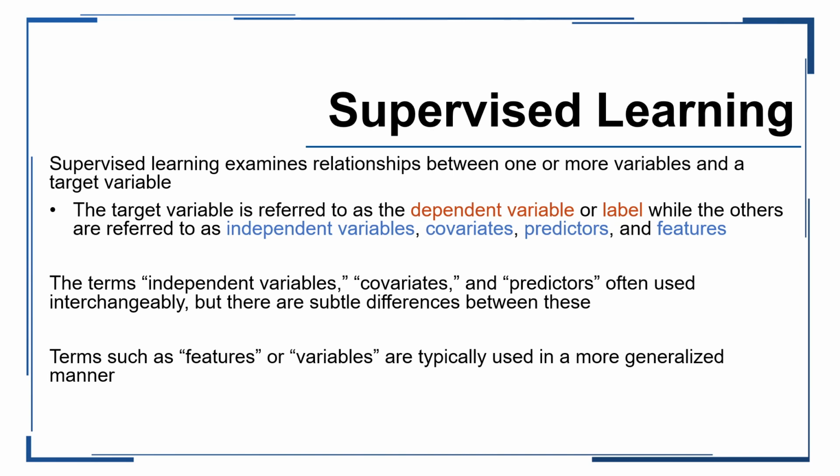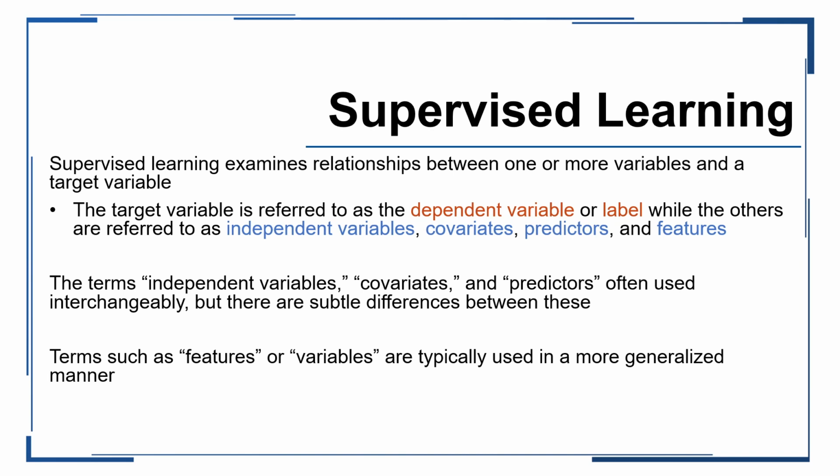In supervised learning approaches, we have a target variable of interest, something that we typically want to predict, and have other variables that we can use toward this goal. We can use statistical and machine learning models to identify the relationships and patterns that exist between a set of variables and our target.